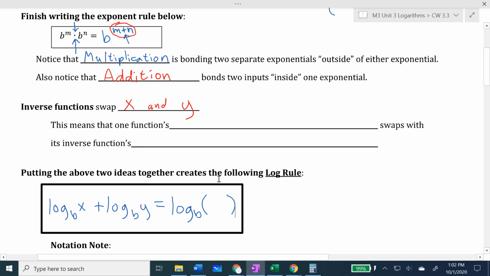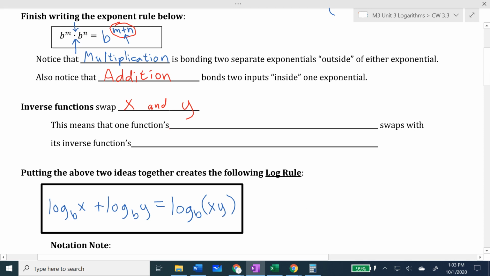So take a wild guess as to what's going to happen inside when I do this reversal. Yes, multiplication is going to happen inside.